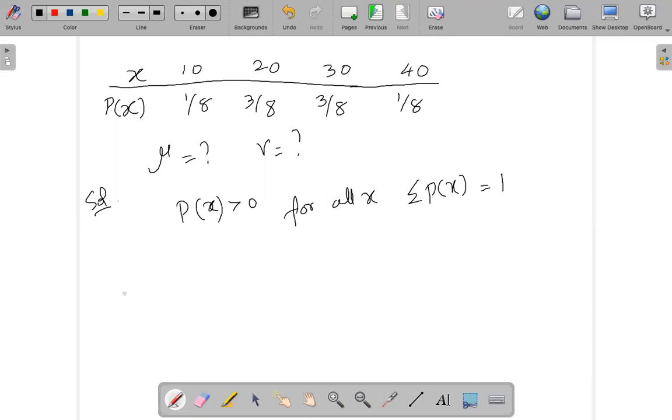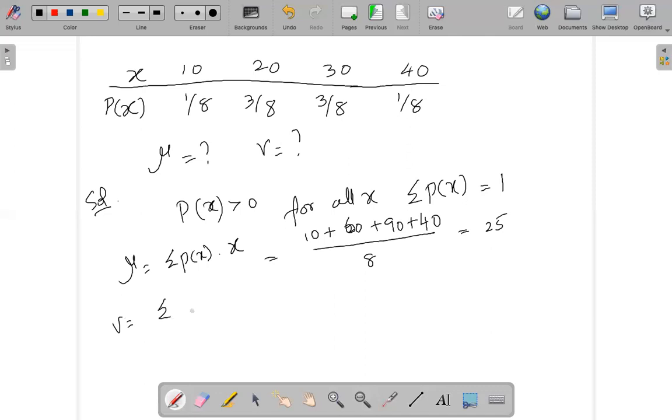Now let us find the mean. So mean is equal to summation P of x into x. So that is 10 plus 60, sorry, plus 90 plus 40 by 8, which results as 25. And the variance is summation of (x minus mu) whole square into P of x.